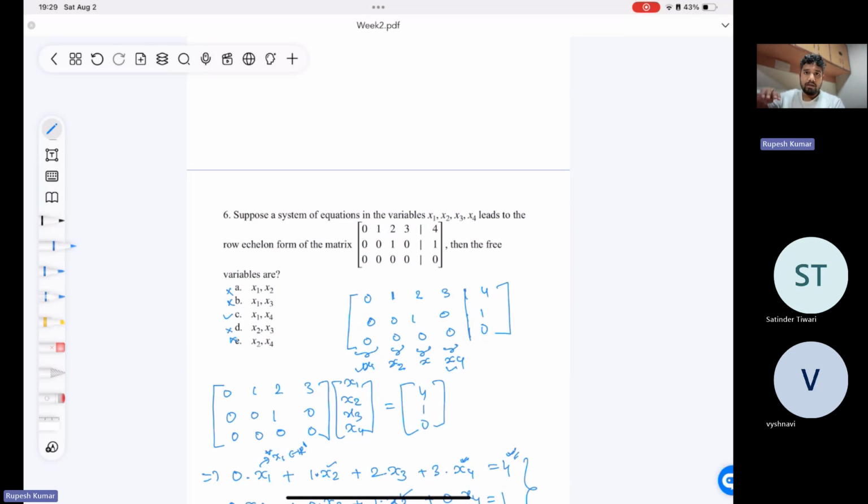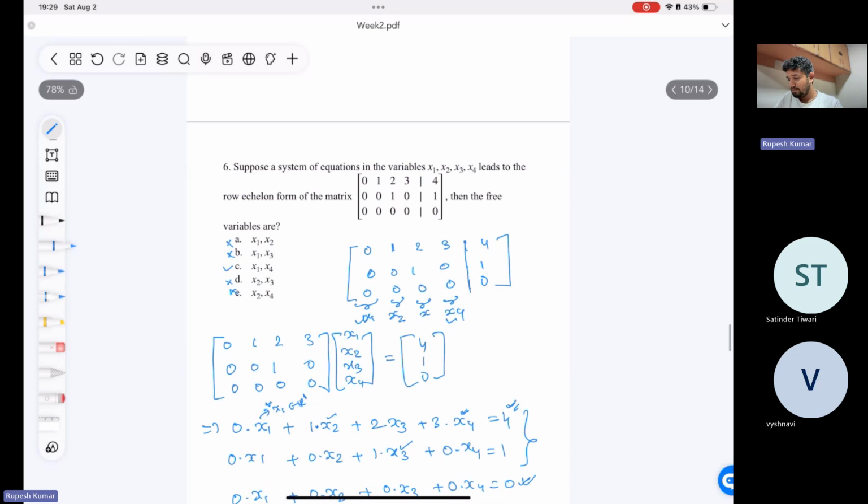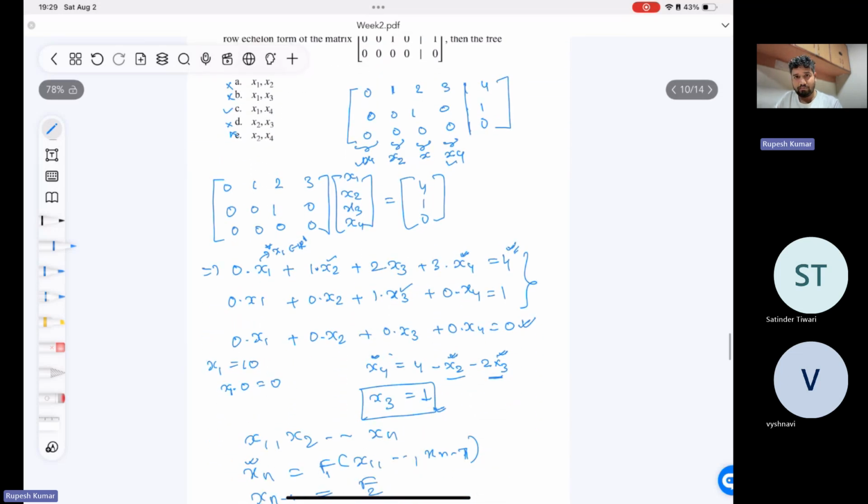If you choose x1 to be 100, 200, 1000, 10,000, it will never change the system of equations, it will never change the intersection point of the lines. Are you getting what I'm saying? If the coefficient of x1 is 0.